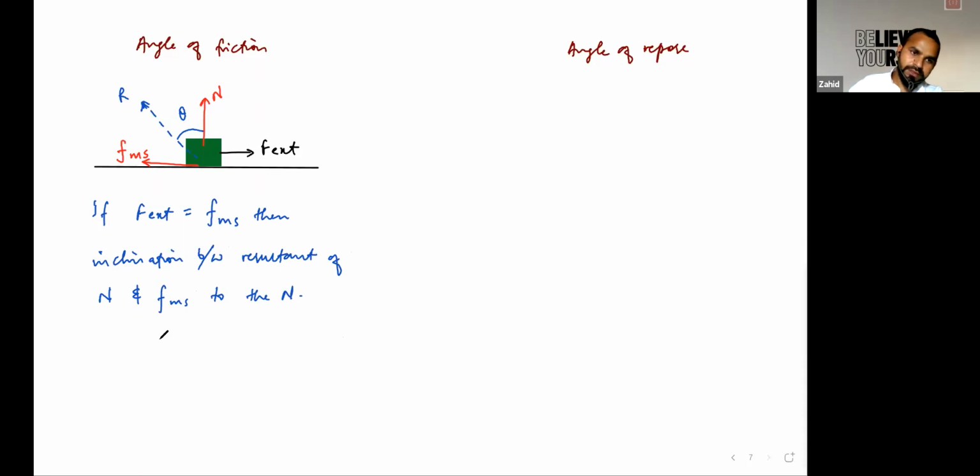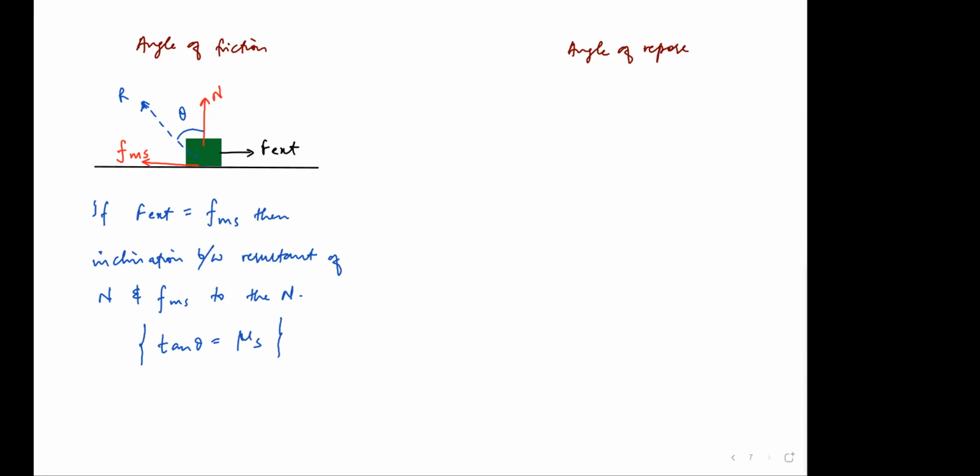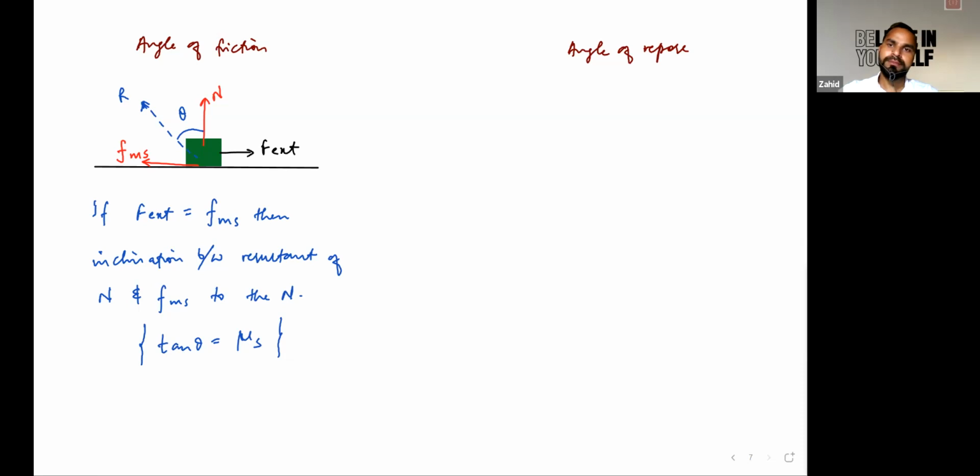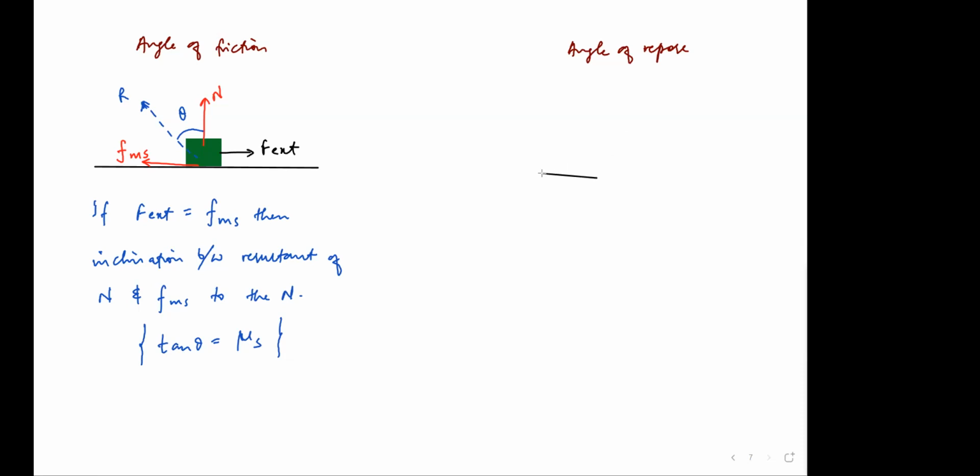Now, if you solve this particular angle, you will get tan theta equals mu static. Just remember this relation. Is it clear till this part? Yes, sir. Hamza, any doubt? No, sir, no doubt.